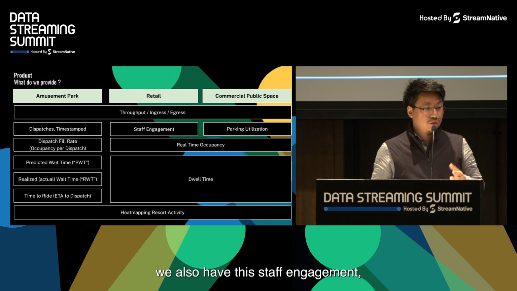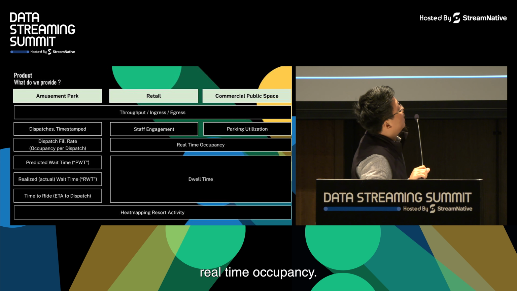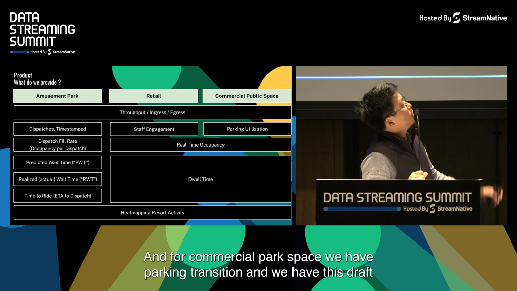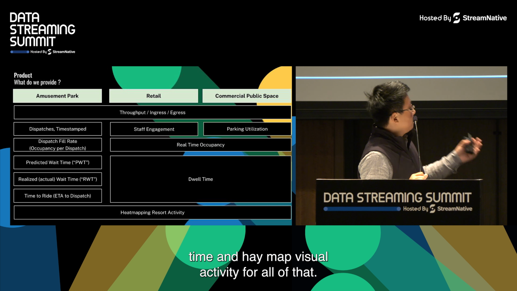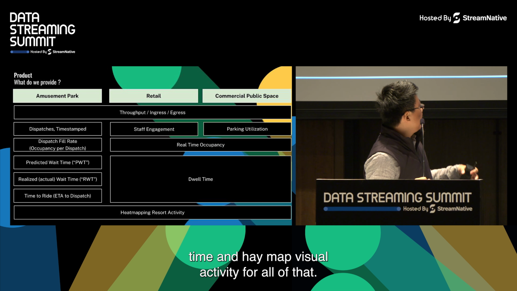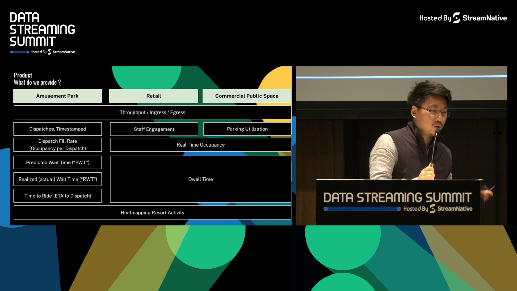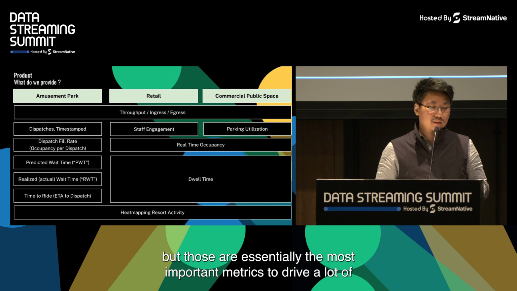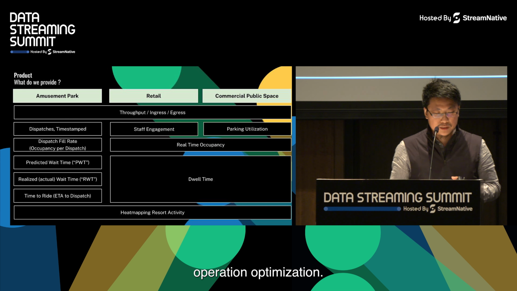For retail, we have staff engagement and real-time occupancy. For commercial public space, we have parking utilization, drop time, and heat map visual activity. Those sound very fundamental, but they are essentially the most important metrics to drive a lot of operational optimization.